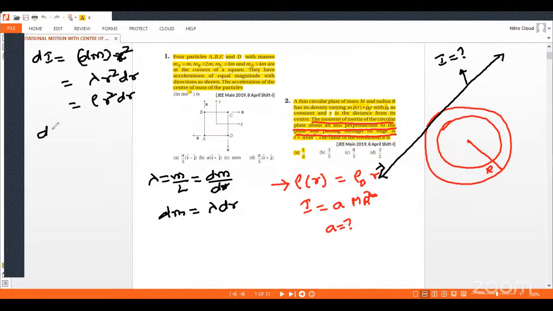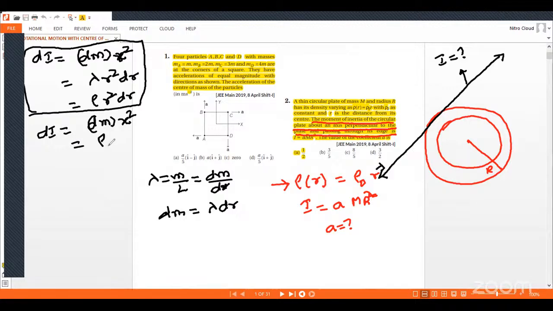We can write dI equal to dm into x square, where dm equal to density, that is rho naught x, into length.